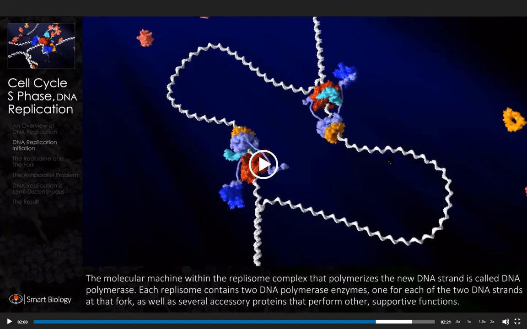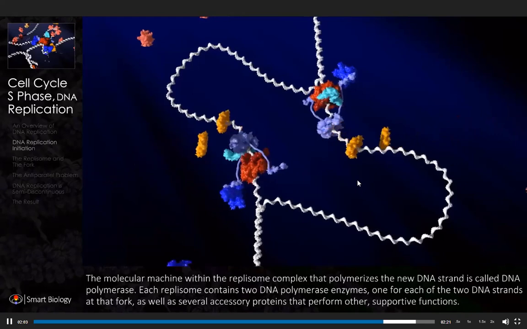So it's called a tool belt. The beta clamp is likened to a tool belt whereby it has the ability of protein-protein interactions with many different proteins, which will then be recruited in a very, very organized manner to the DNA in order to carry out their function. So the beta clamp has a really important role in that. So here you go. It is coming.